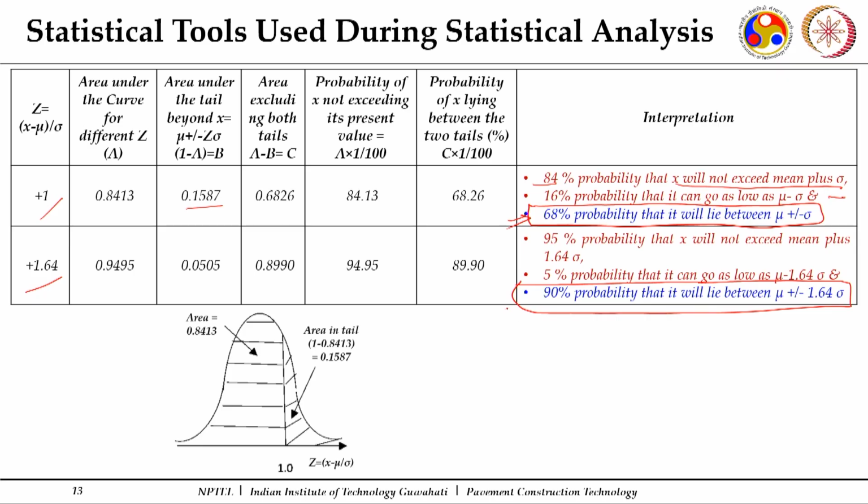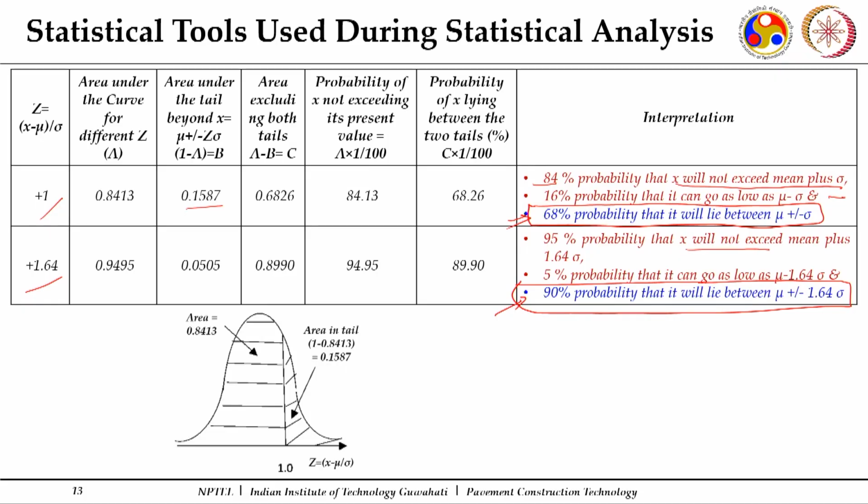This decides how much confidence there is, in this case that 90% of the results are within it. And if it is a single limit, I may have a requirement where it can be a lower limit or an upper limit. For a lower limit, say density, I specifically mention that the density should not be lesser than this value. So, this is called a lower limit.